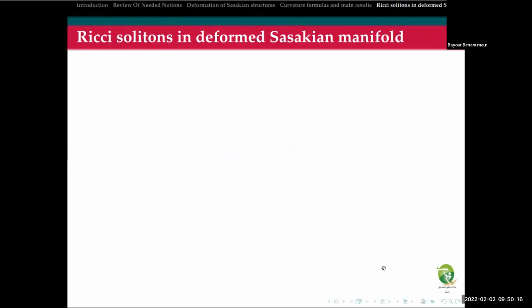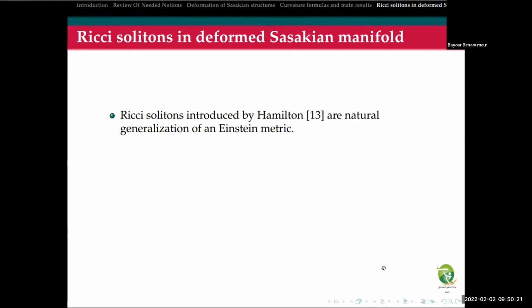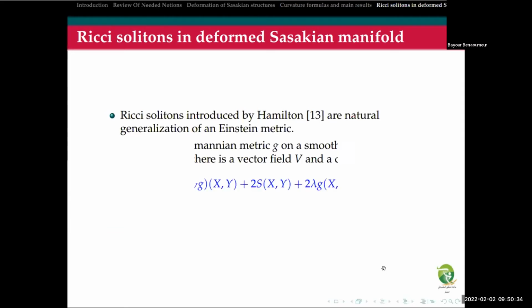Finally, Ricci solitons in deformed Sasakian manifolds. Ricci solitons, introduced by Hamilton in reference 3, are a natural generalization of an Einstein metric.